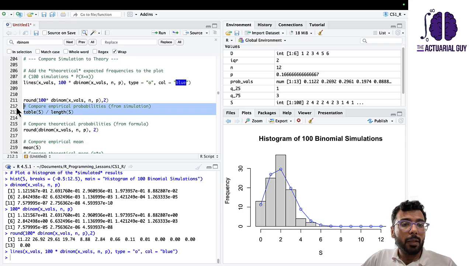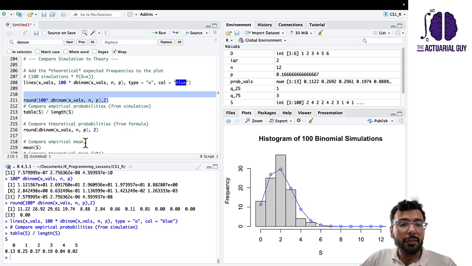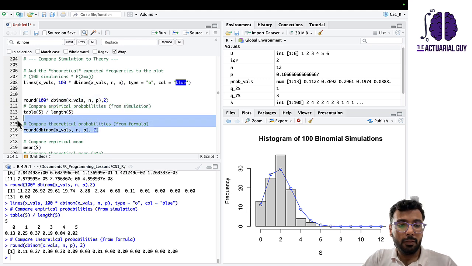If you compare the empirical probabilities against the theoretical probabilities, you will see a difference, especially at the value 2, where theoretically I was expecting 30% of the trials to have 2 successes, but 37% actually did.